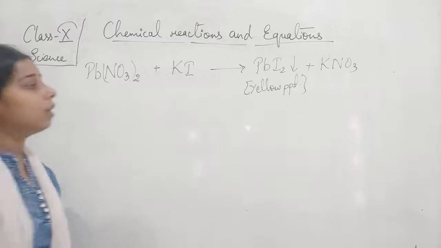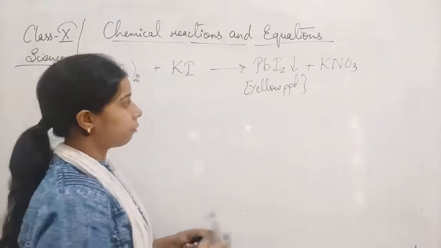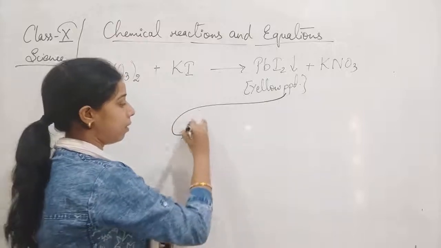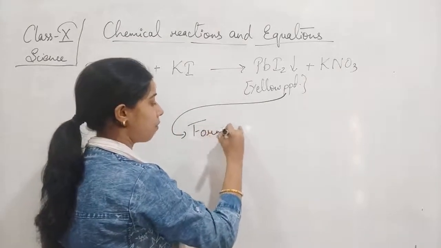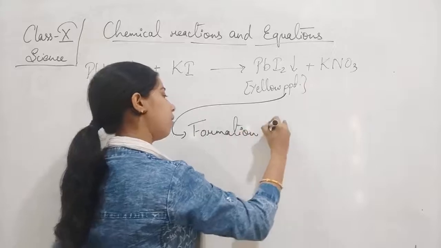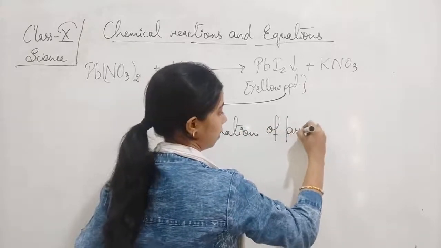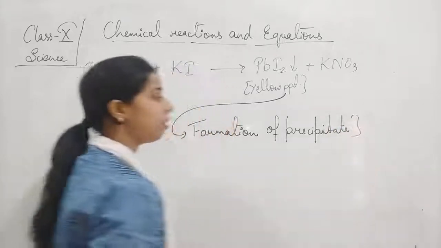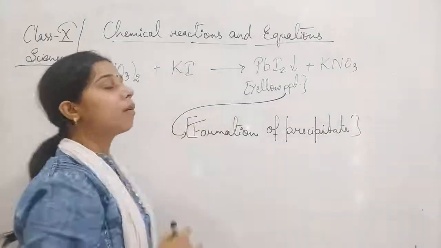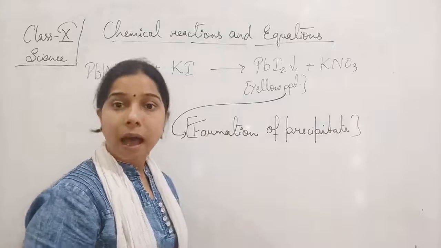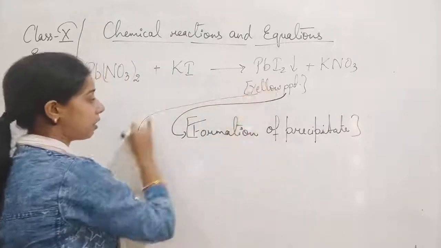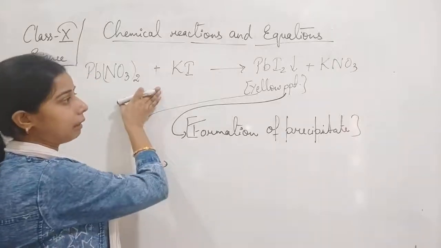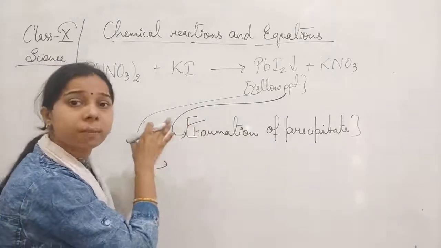If we talk about this precipitate, it explains the formation of a precipitate. This is the first characteristic. And the color which is determined here is yellow. Before that, the color was not yellow; it was simply colorless.